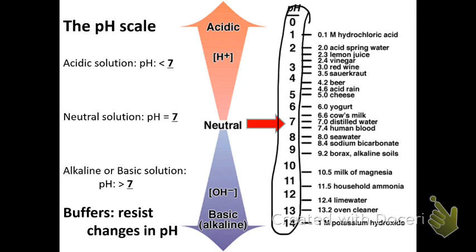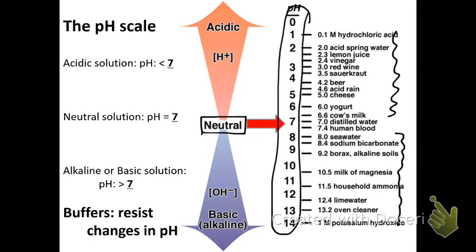Things that are less than 7 are said to be acidic. Substances that have a pH greater than 7 are said to be basic or alkaline. Pure water, distilled water, is neutral. It has a pH of 7.